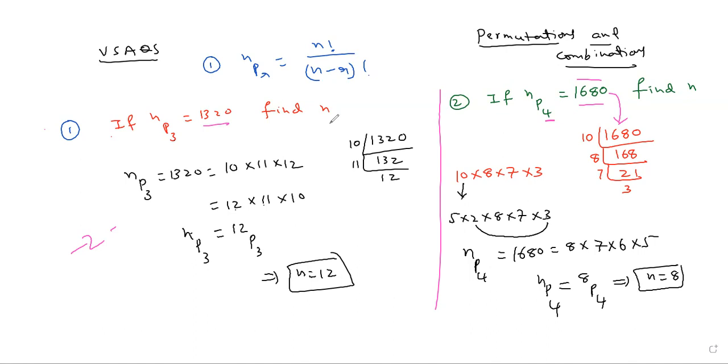Next question. If nP7 is equal to 42 into nP5, find n. Observe here, nP7 means a product of consecutive numbers. How many consecutive? 7 consecutive.